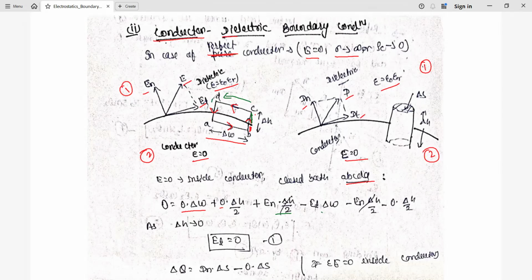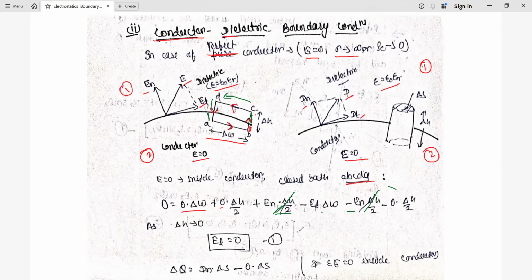Now we'll move to this portion. So there again we are moving against the normal component. So minus En del H by 2. And for this path again electric field is not available. So 0 into del H by 2. So finally, what we are seeing is that in this situation, this component is cancelled.